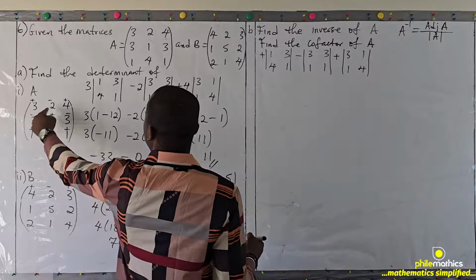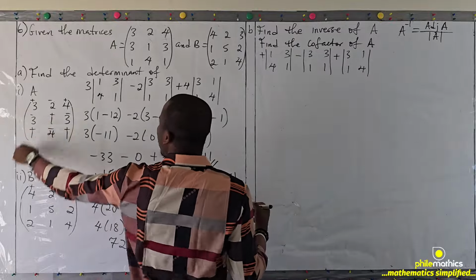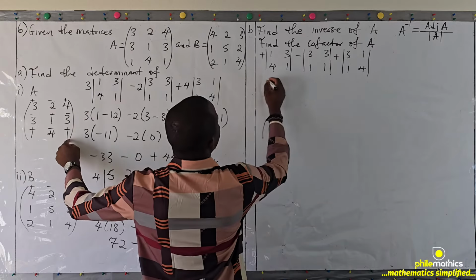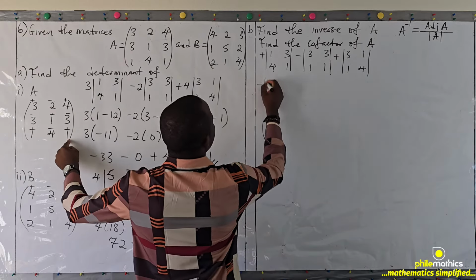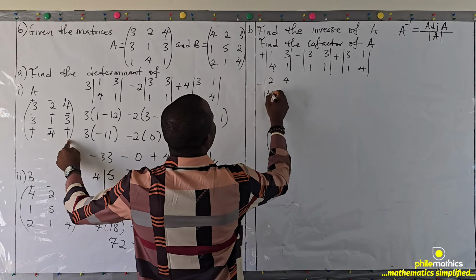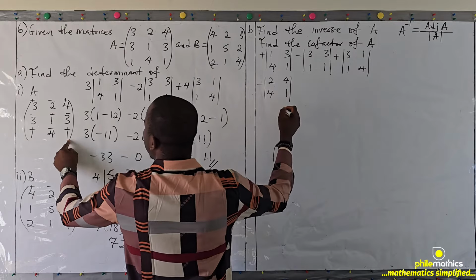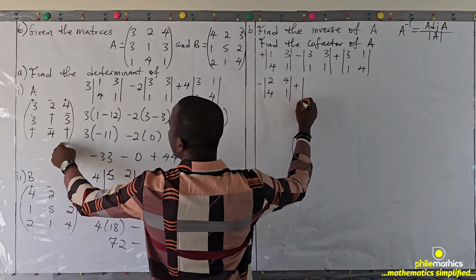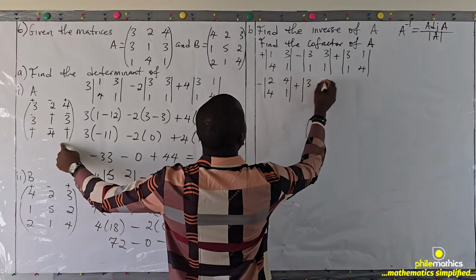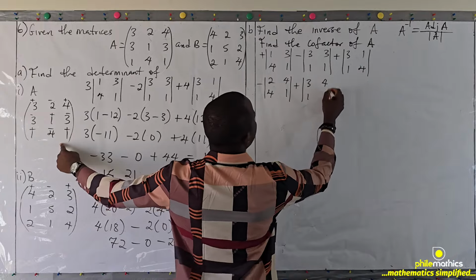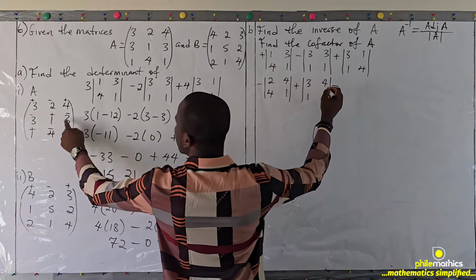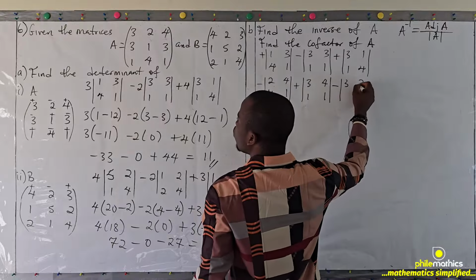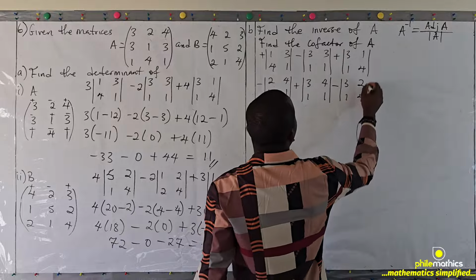We go to the next, we block this and this, we get 2441, minus 2441. Next is this, we block this and this, plus 3411. Next is this, we block this and this, 3214.